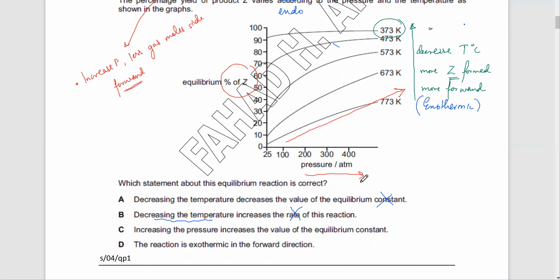Remember, this particular statement was not about equilibrium. Be careful, it was about the rate of reaction. Increasing the pressure increases the value of the equilibrium constant. We haven't studied equilibrium constant. The last statement is the correct statement, which we figured out initially by just interpreting the graph.